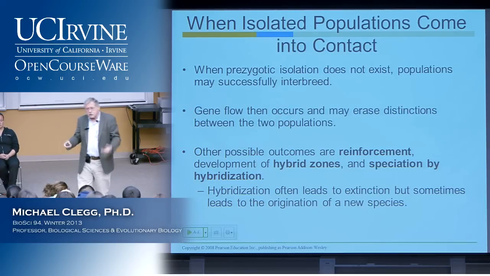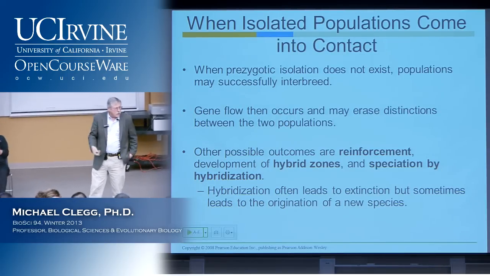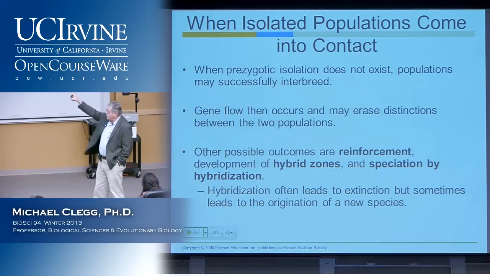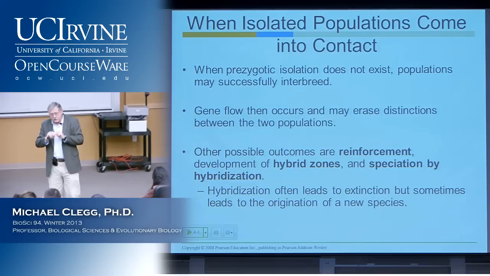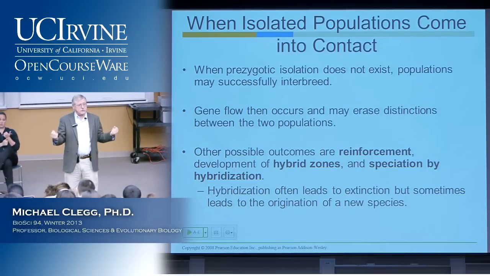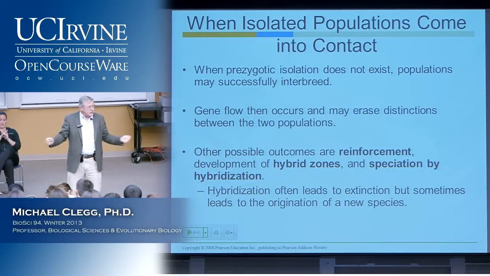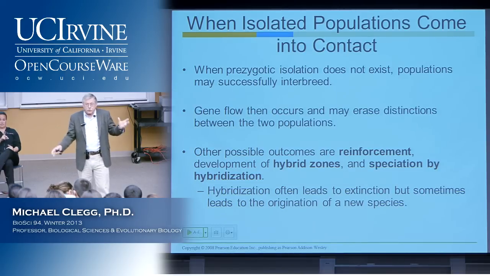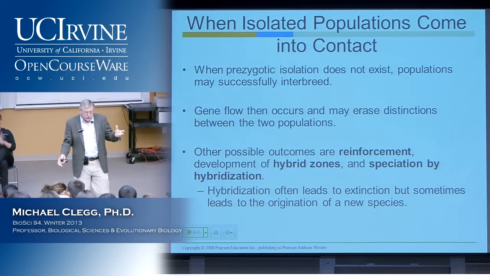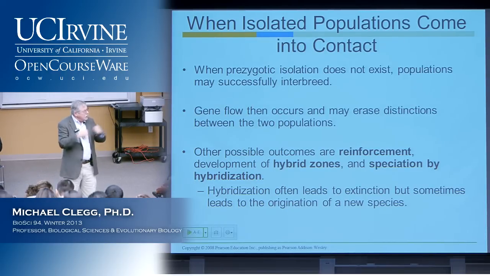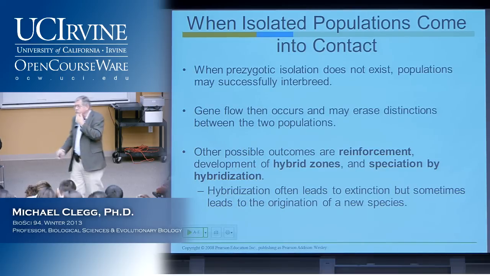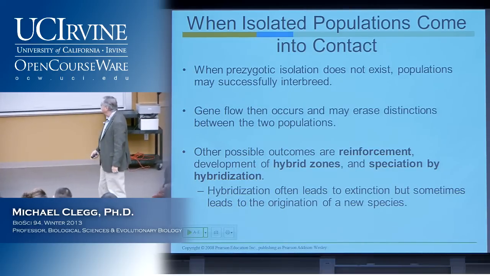Just as we discussed in the case of the apple fly and the hawthorn fly. If the hybrid has a disadvantage, then there can be a selection called reinforcement selection operating against hybridization, because the reproductive output of both of the two parental populations is diminished if hybridization can occur. So there's just going to be natural selection opposing the possibility of intermating.